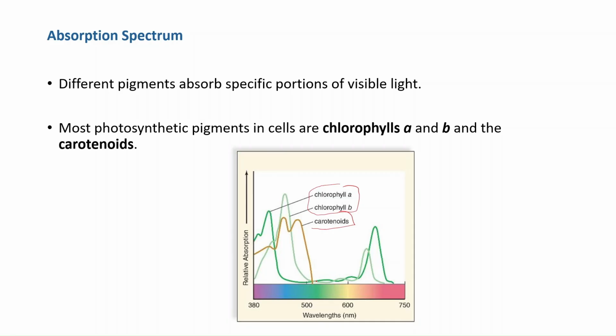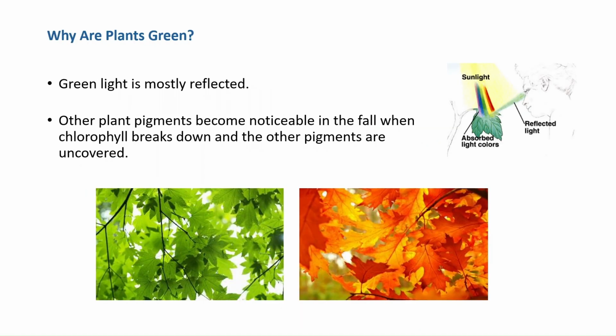Notice also that chlorophylls do not absorb in this narrow range in here that corresponds with the green light. We'll come back to that, okay? Just remember. But you have many pigments, chlorophyll A, chlorophyll B, carotenoids, and others that are less abundant, to absorb every single wavelength of the visible light.